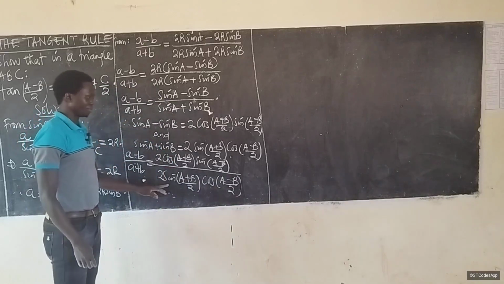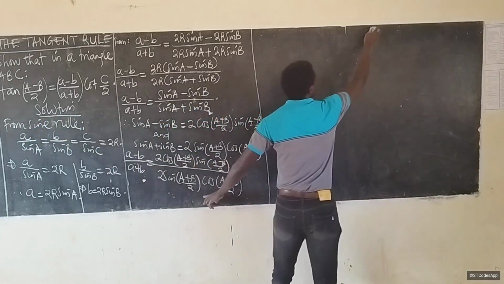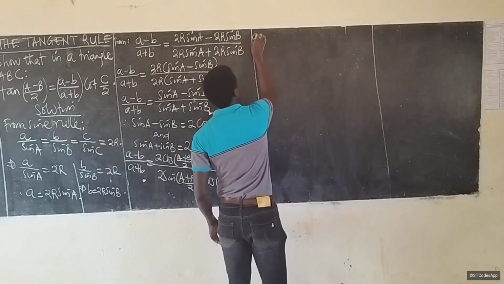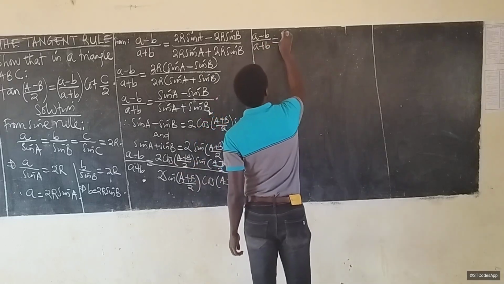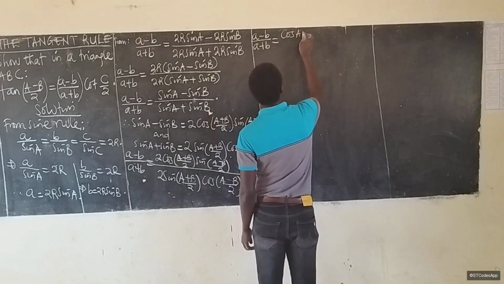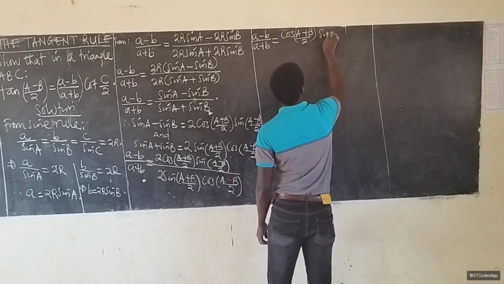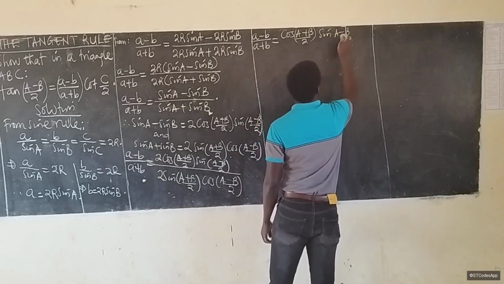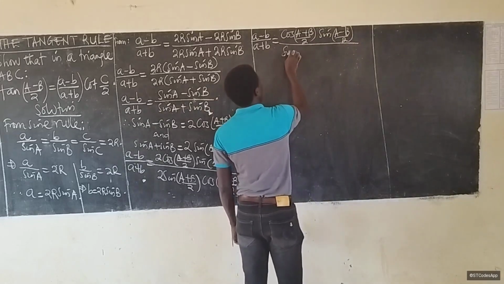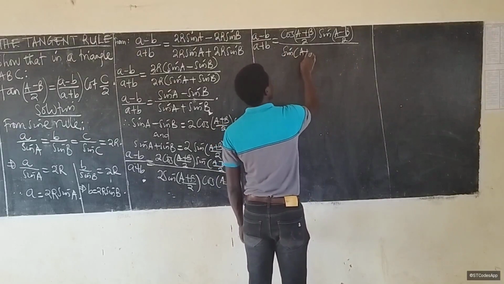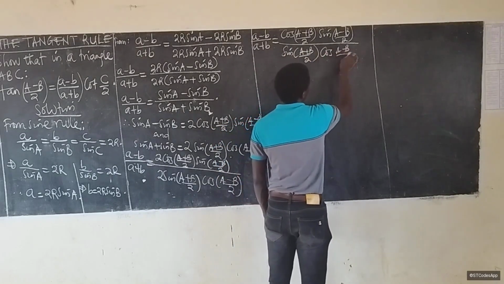That is what we have. And you will see that these 2 and 2 will cancel. So back here, a minus b out of a plus b becomes cosine of (A plus B) out of 2 times sine of (A minus B) out of 2, over sine of (A plus B) out of 2 times cosine of (A minus B) out of 2.